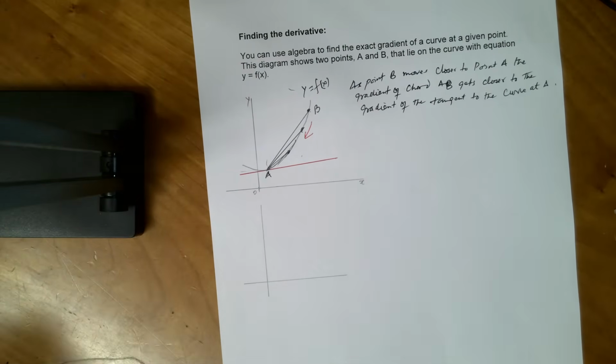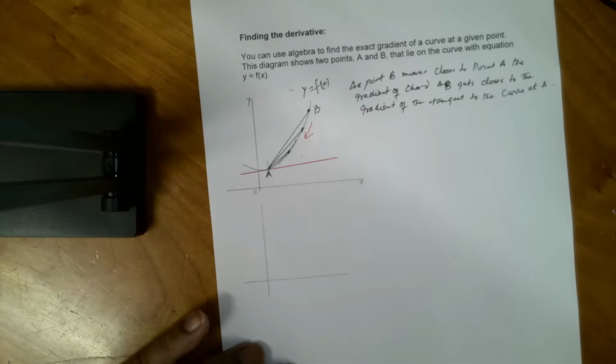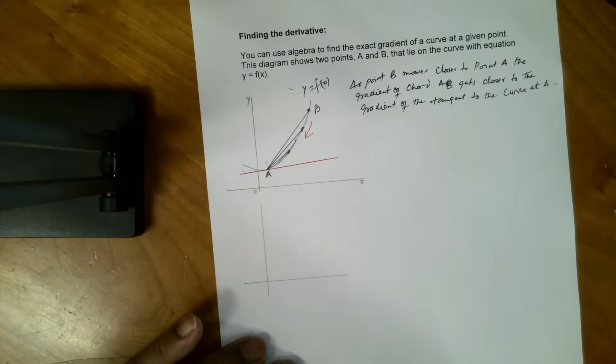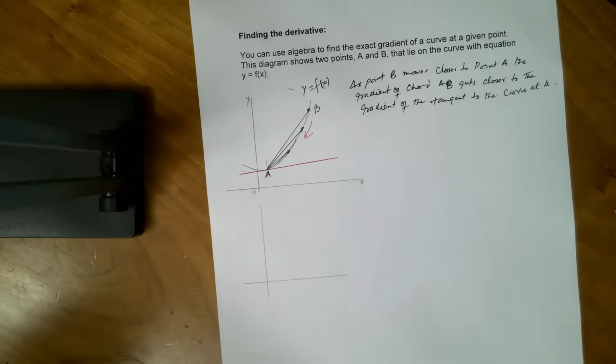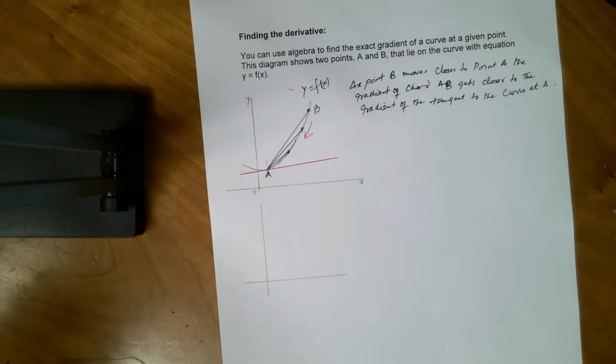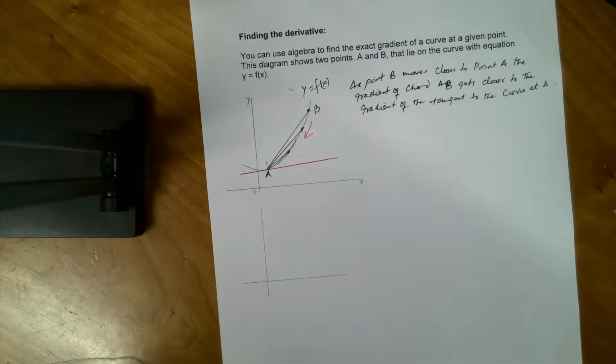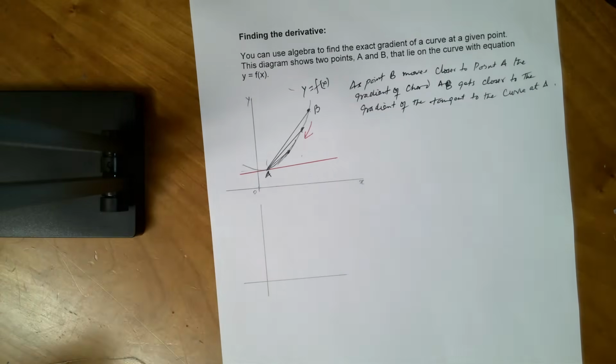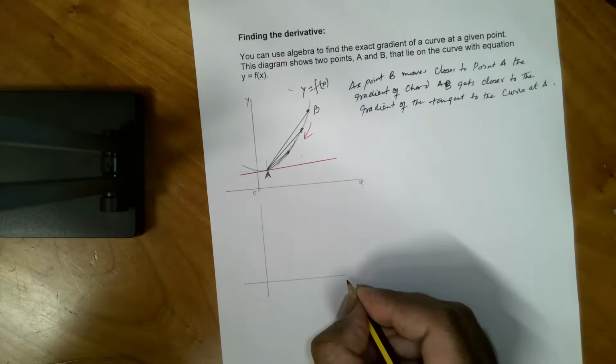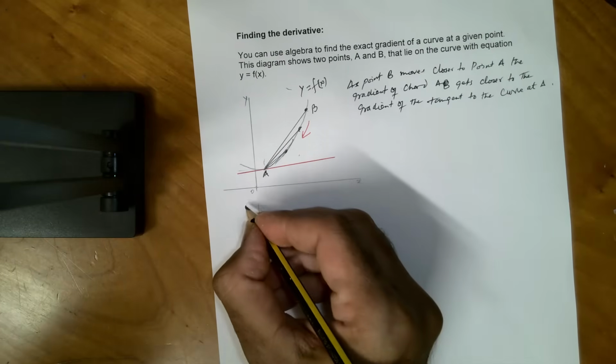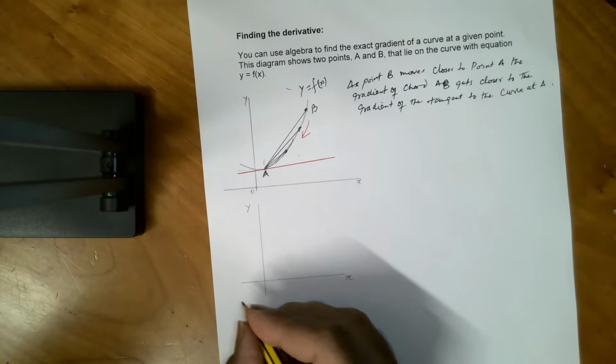Now, because we know this, let me draw this first before I explain. Here is another one: x, y, and this is 0.